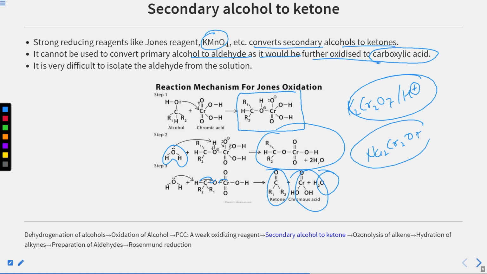All of these are strong oxidizing agents, or KMnO4 also. If you use any of these oxidizing agents and you have a primary alcohol, then it will be directly converted to your carboxylic acid. But if you have a secondary alcohol, then it will be converted into ketone and it will not be further oxidized. Clear? So this is the secondary alcohol treatment with your oxidizing agent.